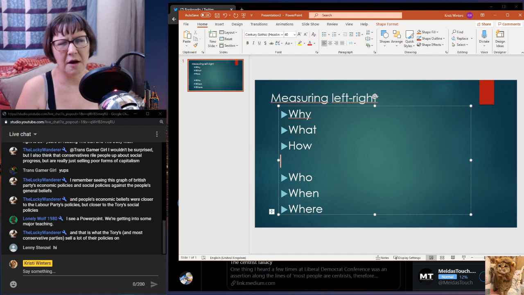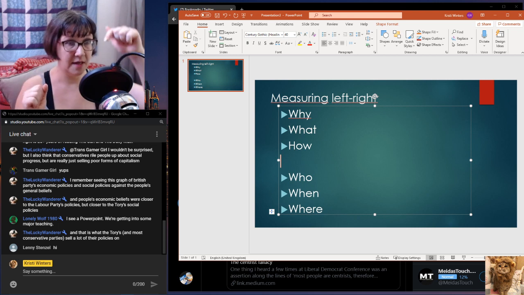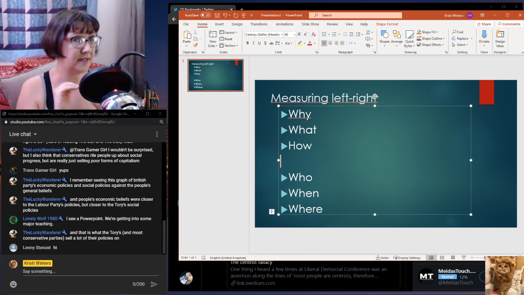My country should not have the death penalty. And you give someone strongly agree, neither agree nor disagree, and strongly disagree. Now you've got a clear, single topic. How do I feel about the death penalty? Am I for it or against it? It's not a very complicated question.